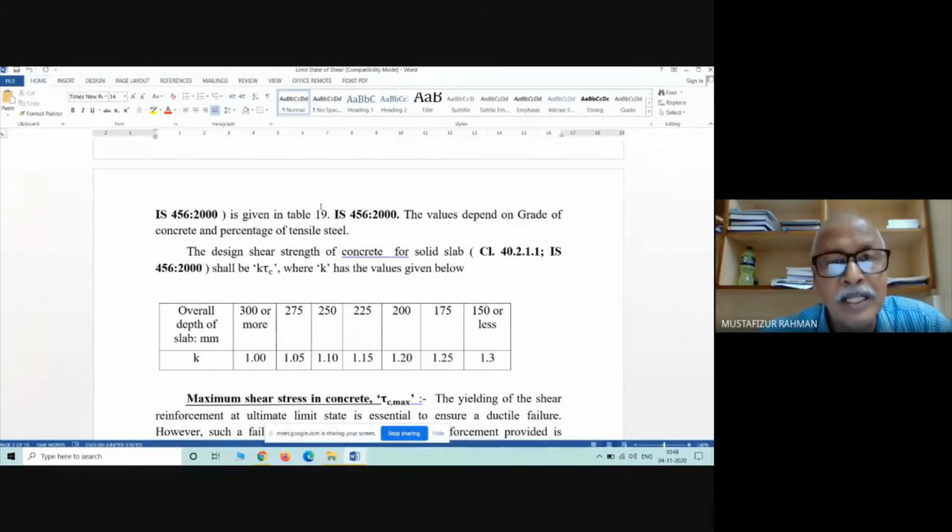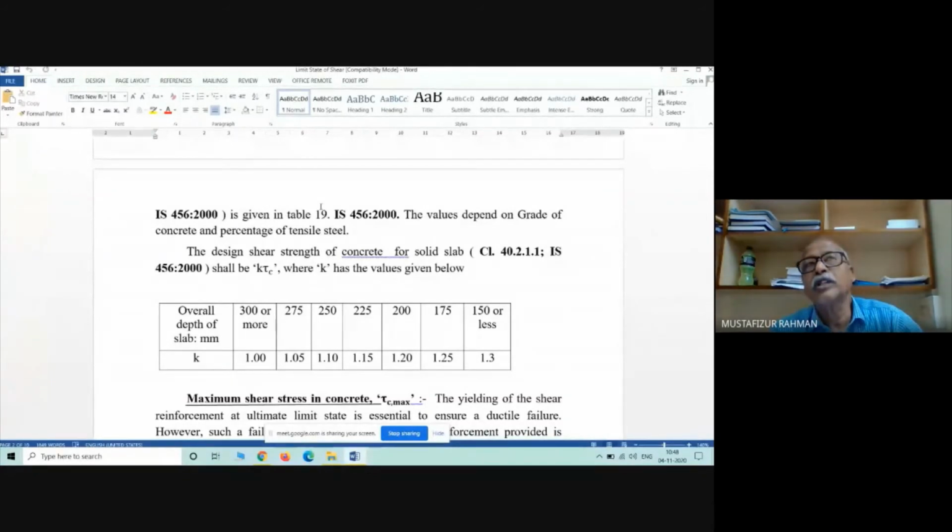Now, if tau V is equal to tau C, it is critical. We may provide, we may not provide. But if tau V happens to be greater than tau C, that means the shear induced on the member is more than the shear that can be resisted by the section.